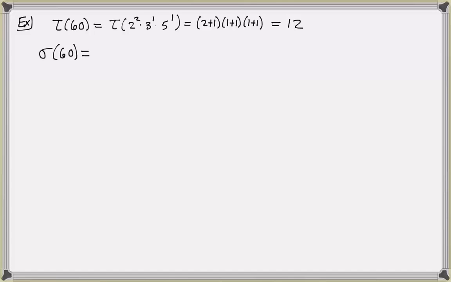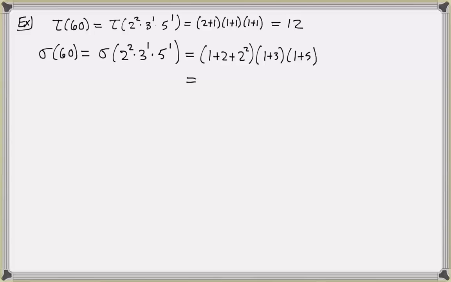Sigma of 60, if I add up these divisors, again we see that this is sigma of 2 squared times 3 to the first power times 5 to the first power, and I can write this as 1 plus 2 plus 2 squared times 1 plus 3 times 1 plus 5.